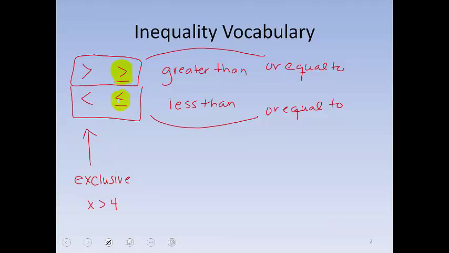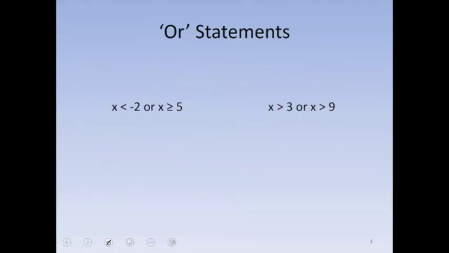I'm saying that everything must be bigger than 4, not equal to 4, so it excludes 4, which leaves these two to be inclusive. Which means if I were to say x is greater than or equal to 4, I would be including, or inclusive of, 4. So this is just a little bit of vocabulary that we're going to be using. I'm going to show you some more vocabulary as we continue.